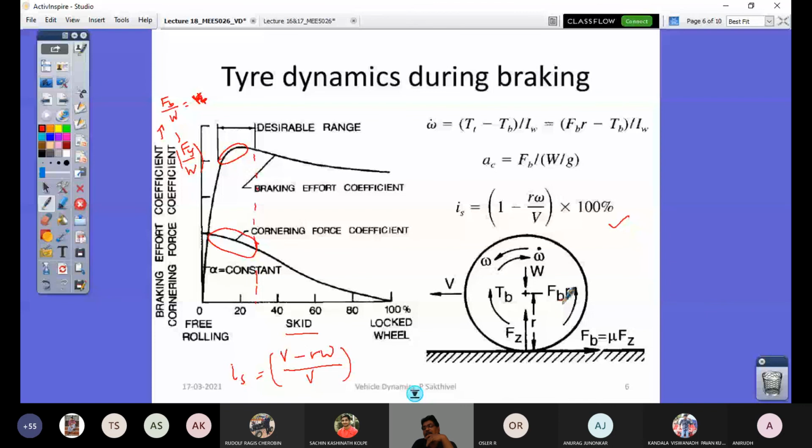That is because of FB into this R, right? So that is not necessarily to be deliberately put here. It is understood. So this all is equal to Ig omega with respect to this wheel center, IC omega dot. So that is the free body diagram. Anyhow, this omega dot is obtained from this.